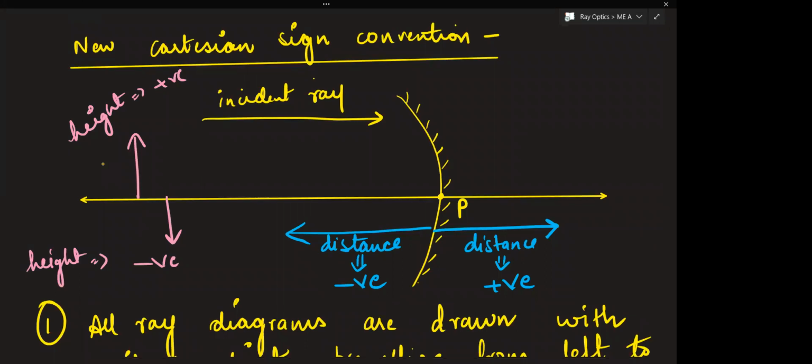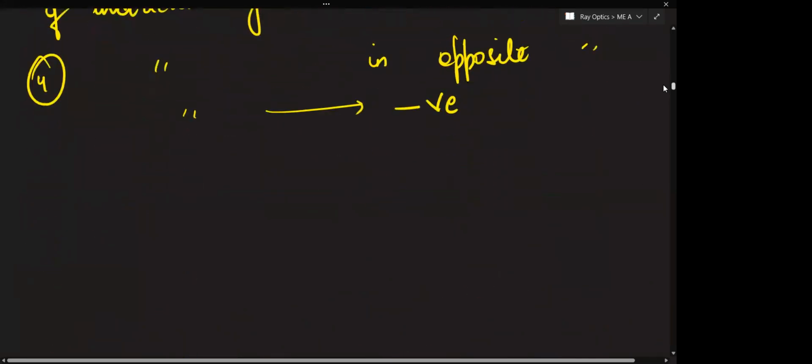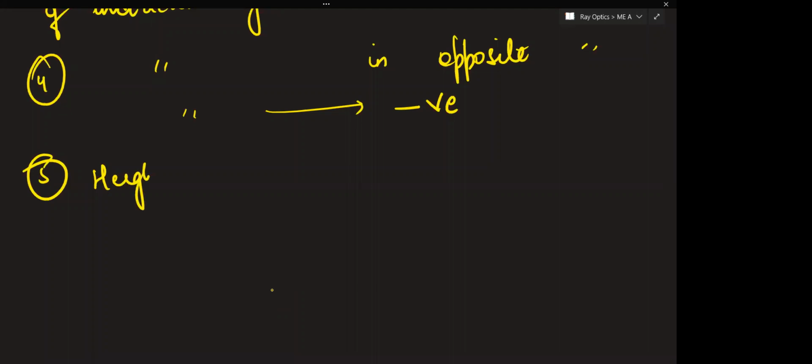For example, an object is kept over here, so the height of the object will be positive. And if the object's image is formed downwards, you will write the height of the image as negative. Obviously, you cannot keep an object below the principal axis, so the object's height will always be positive. So heights measured upwards are positive.